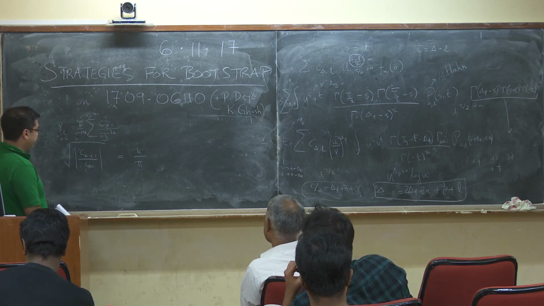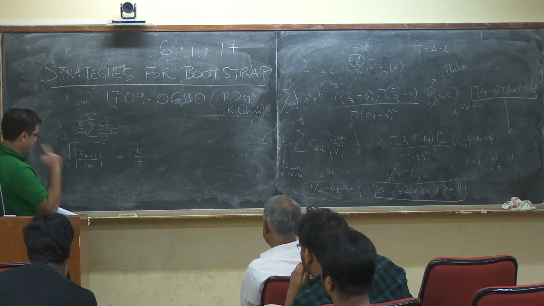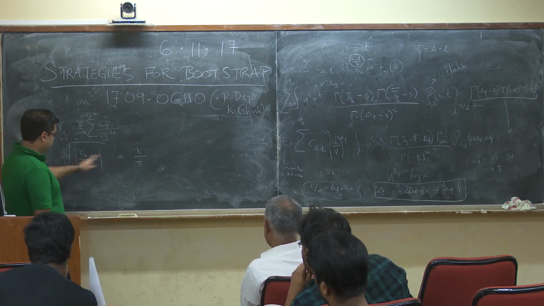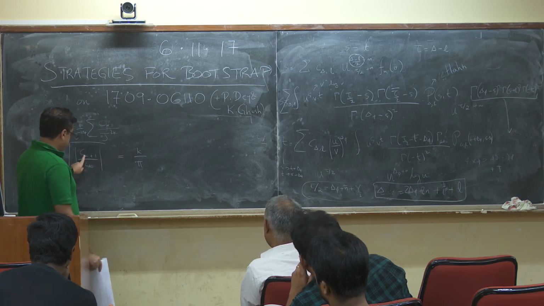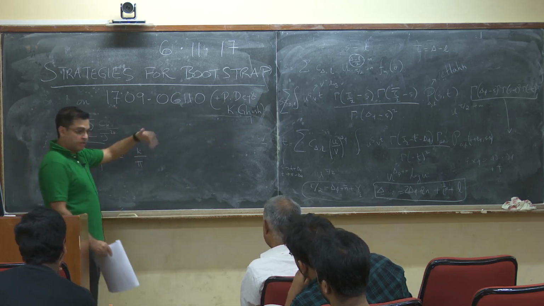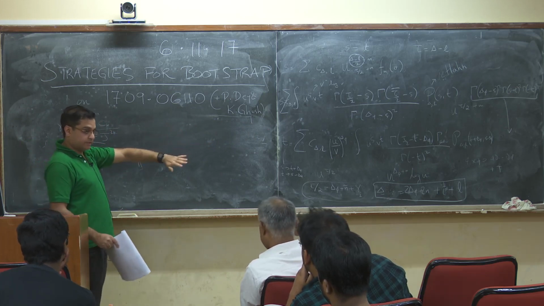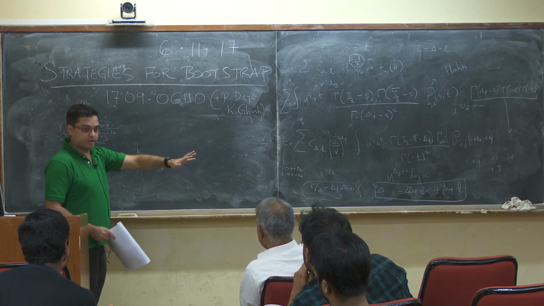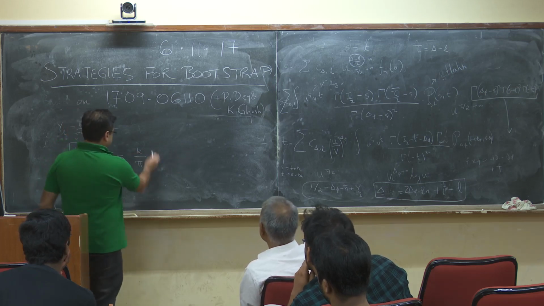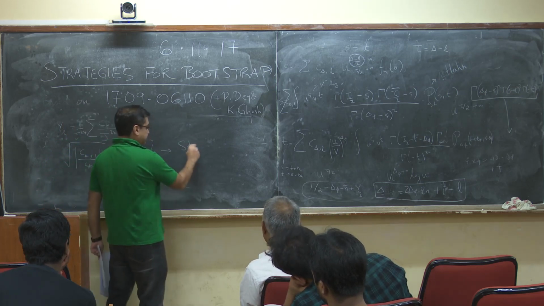Okay, now let's process this information. So this goes like k by pi, which tells you that for larger and larger k, these coefficients are becoming bigger and bigger. So clearly it is an asymptotic series. Does this asymptotic series have some nice properties? It turns out that this asymptotic series is what is called a Stieltjes series.